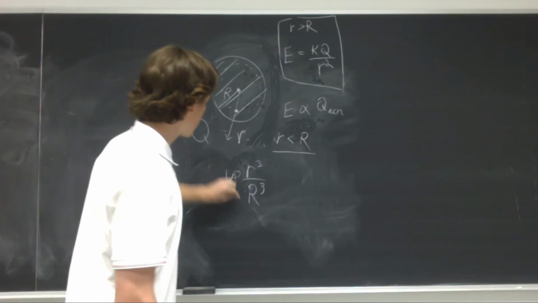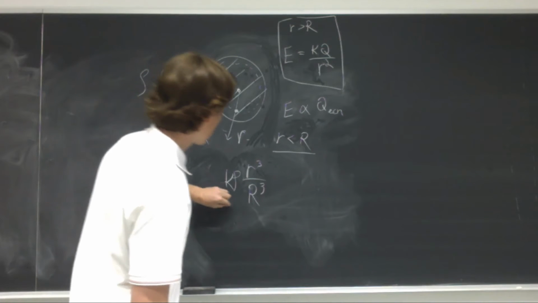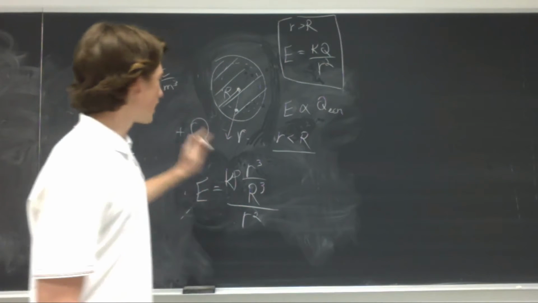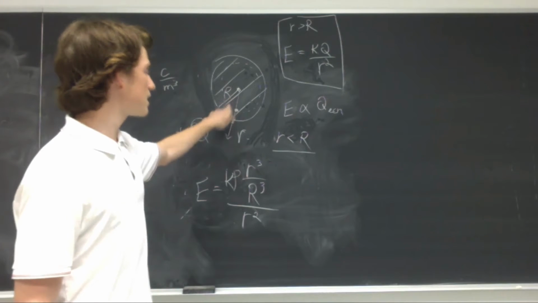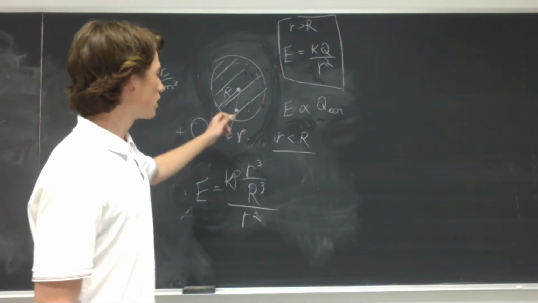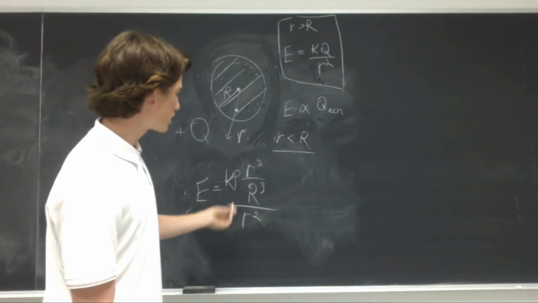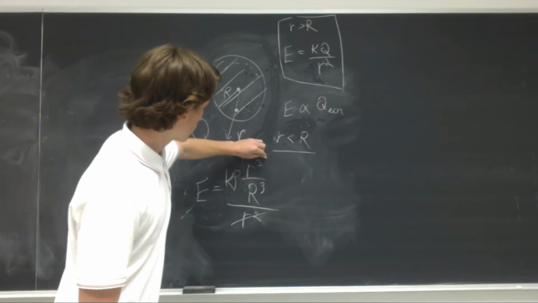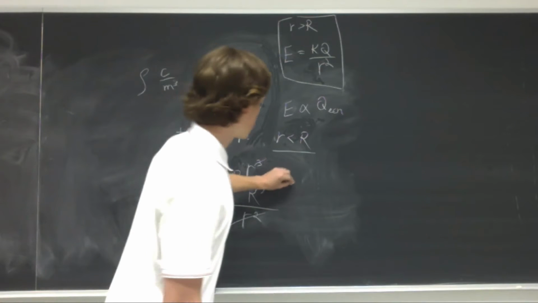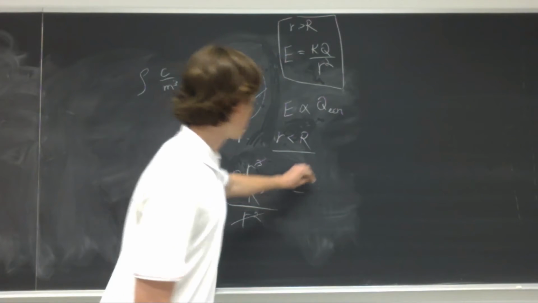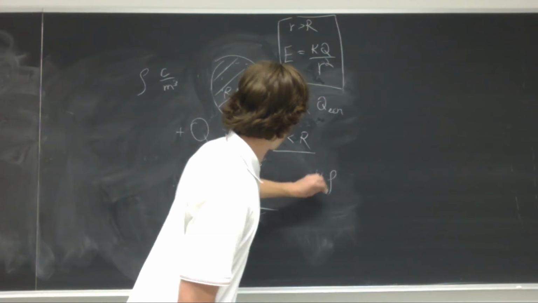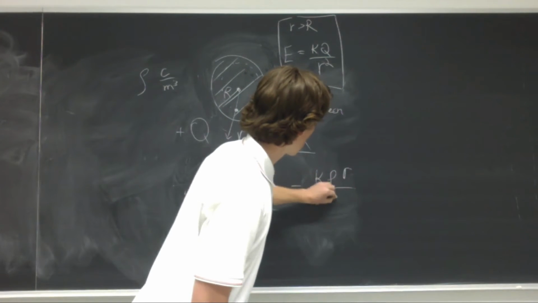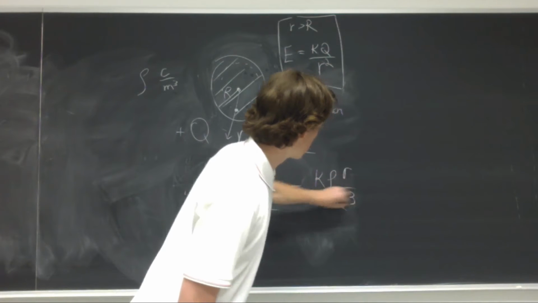Put our k in the equation too, over r squared, E is equal to that. That is the expression for the electric field inside the sphere at an arbitrary r less than capital R. We can reduce this expression by crossing this out. And so the electric field is equal to k rho r over capital R cubed.